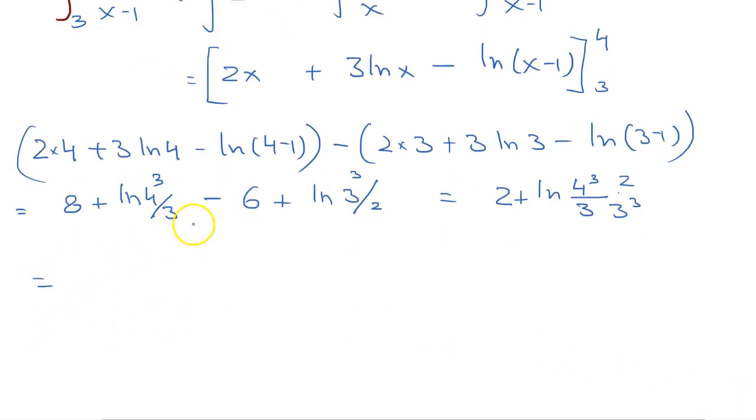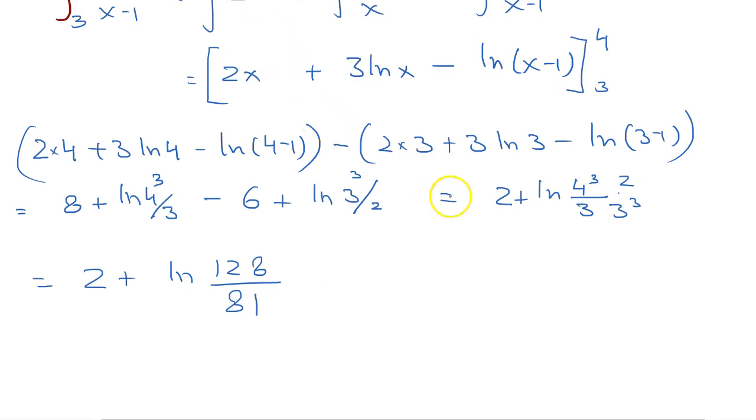so this will be equal to 2 plus ln 128 over 81. So that is the answer.